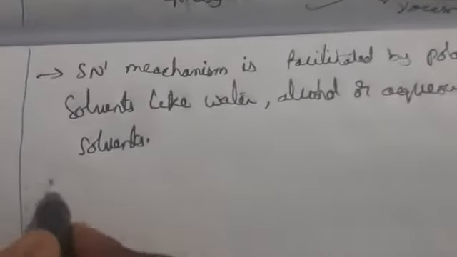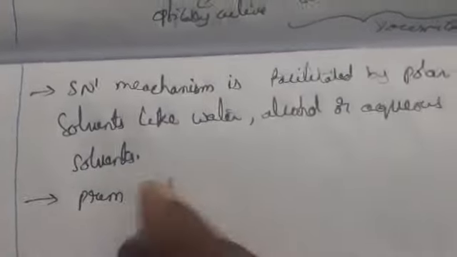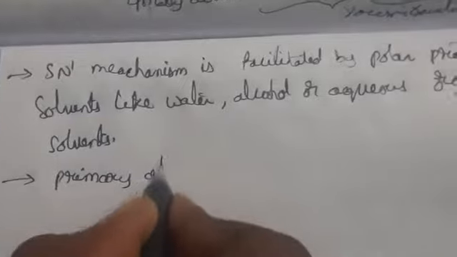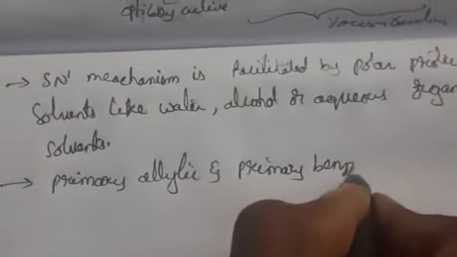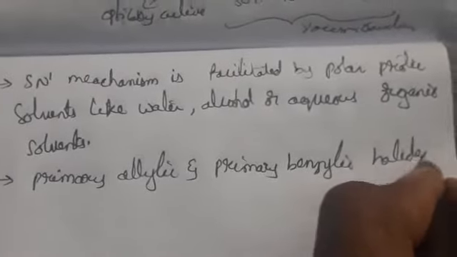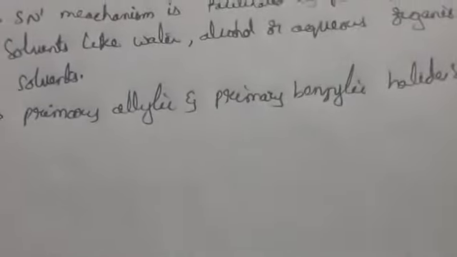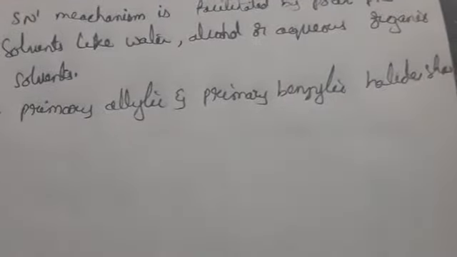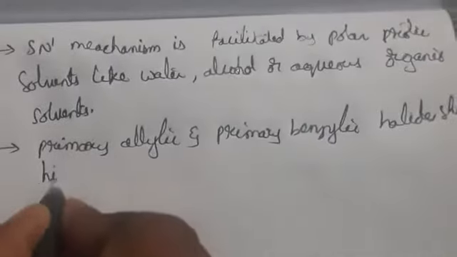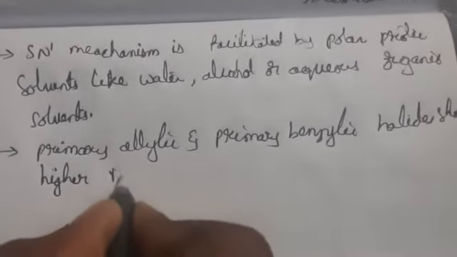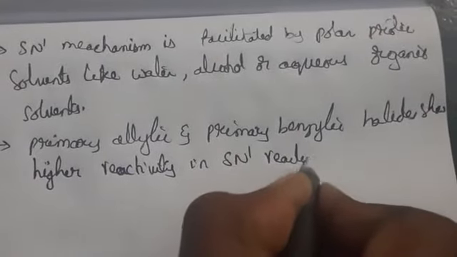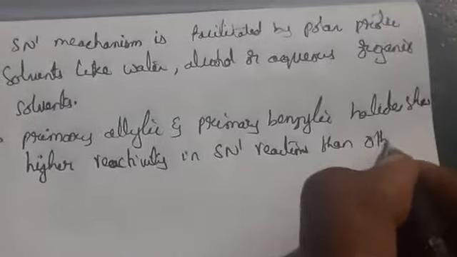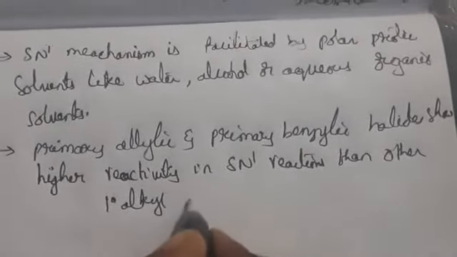we call it as SN1 mechanism. So coming to here, if you have taken primary allylic and primary benzylic halides, they will show higher reactivity in SN1 reactions than other primary alkyl halides.